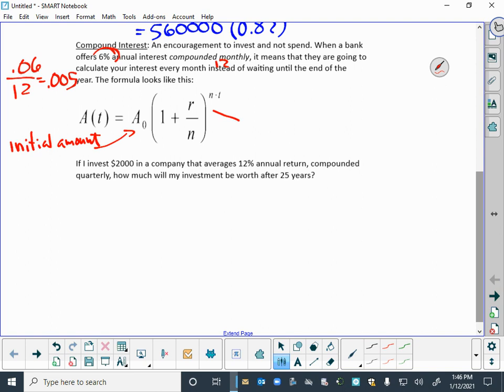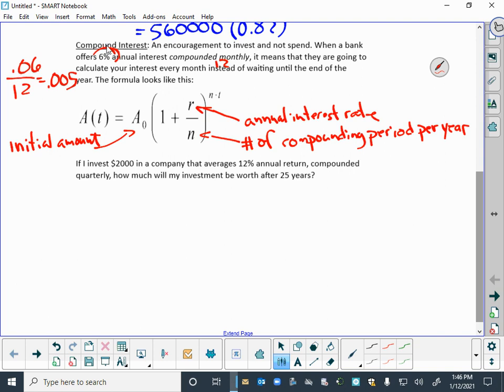Okay, the R is the annual interest rate, and the N is the number of compounding periods in a year.